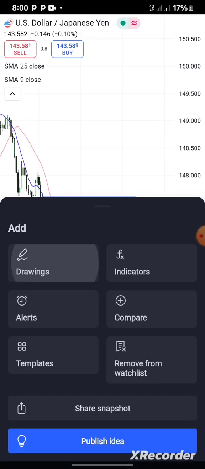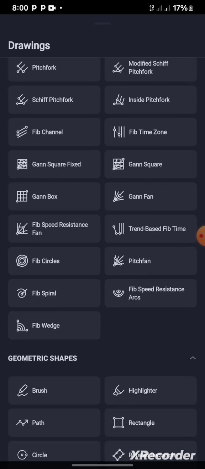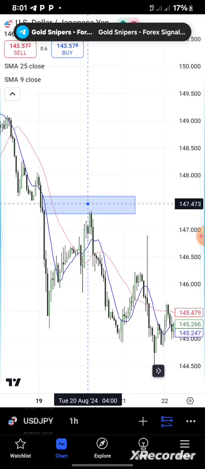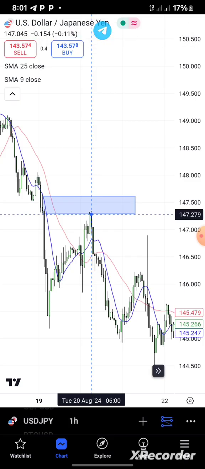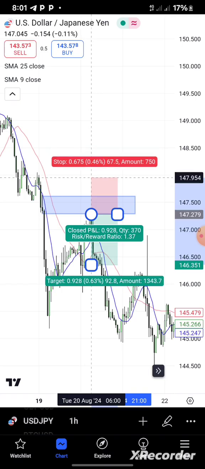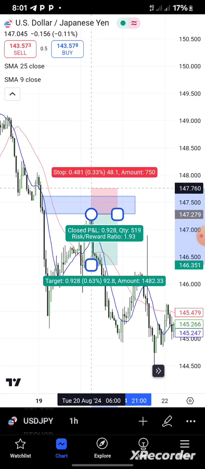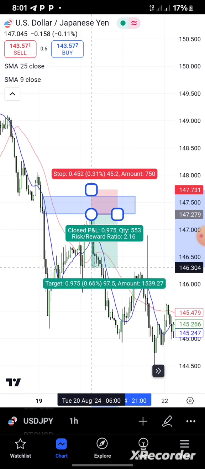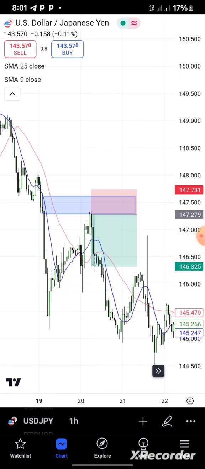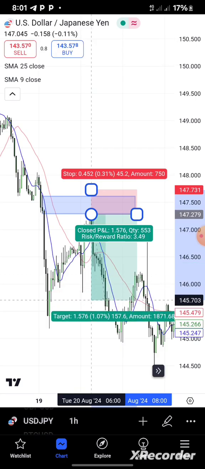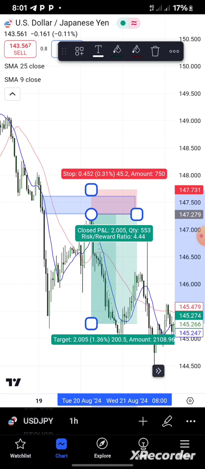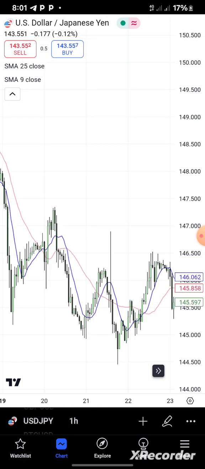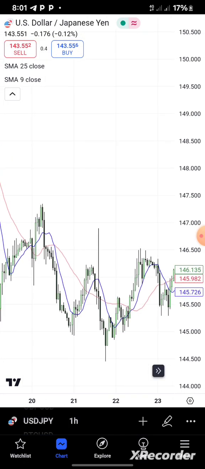Now you go with your position here, then stop loss above this zone, target 1:2. See, even if here you wanted to go with 1:4, you would have won. So supply zones are very good when you're trading forex.